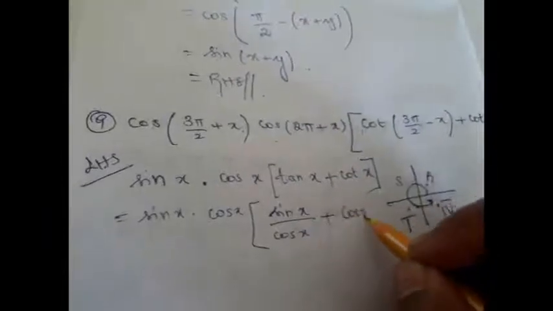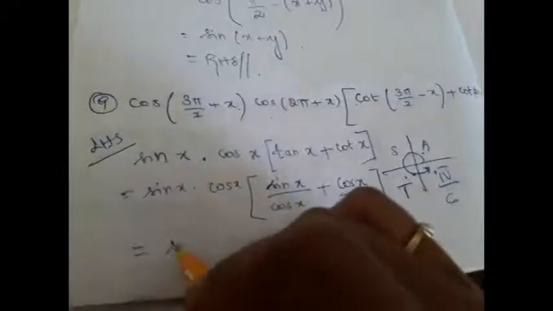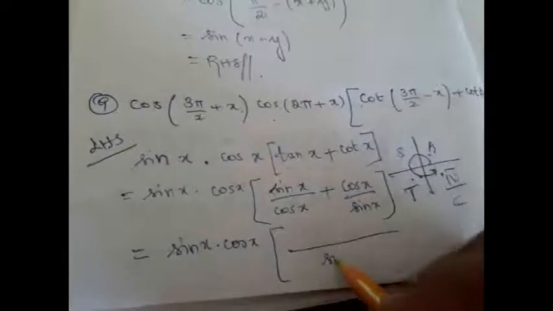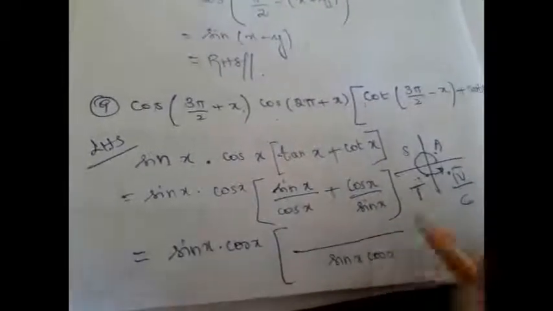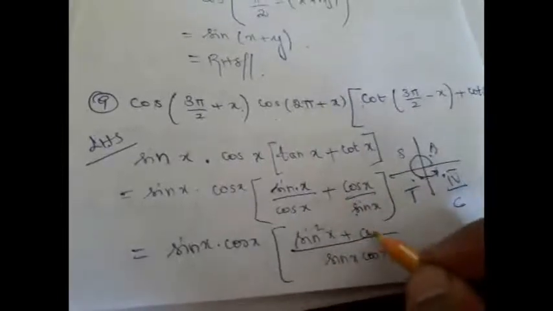Again tan x I can write as sin x by cos x, plus cot x I can write as cos x by sin x. Now take the LCM, sin x into cos x. Cross multiplied, this will become sin square x plus cos square x.